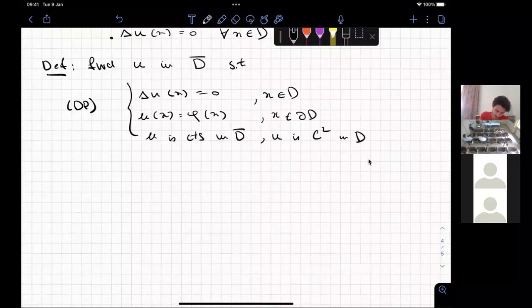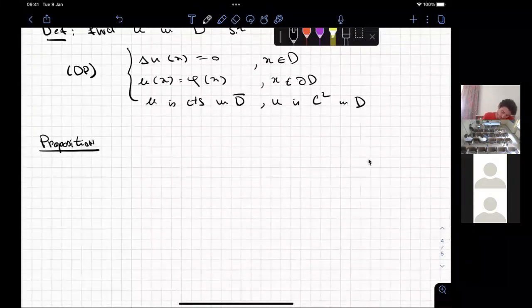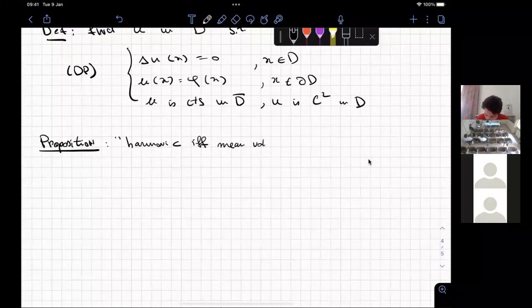So, proposition: we have that, saying it in words, U is harmonic if and only if it has the mean value property.